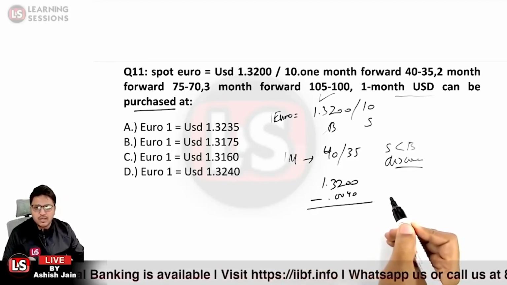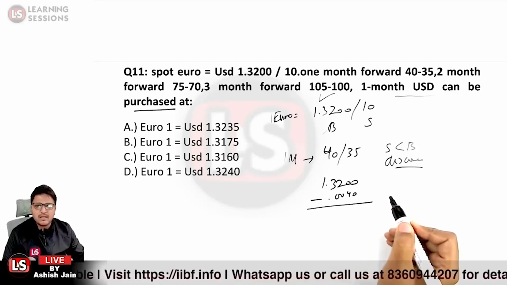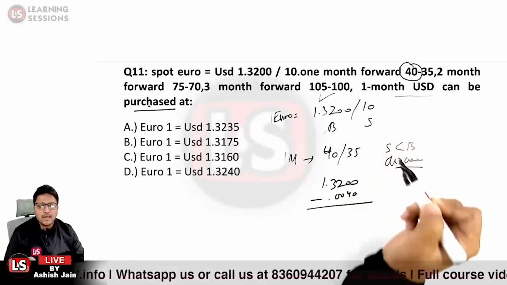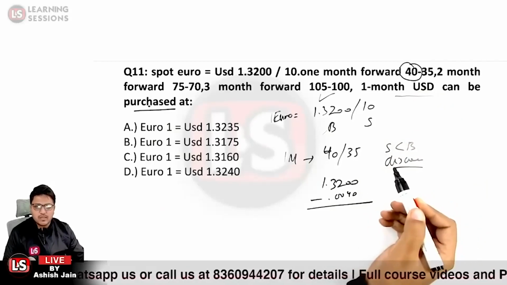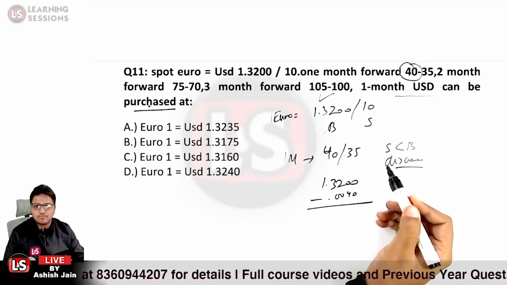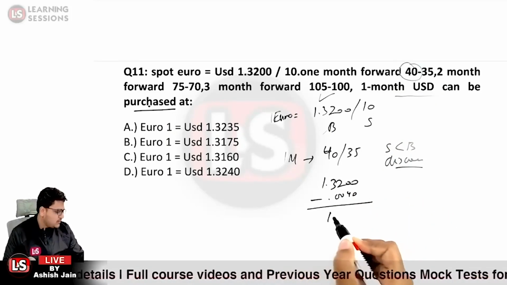You just need to take care of that particular point only, because we have to consider the buying rate, the purchase rate. These are the forward points related to the buying rate that we need to subtract. So the right answer is 1.3160.